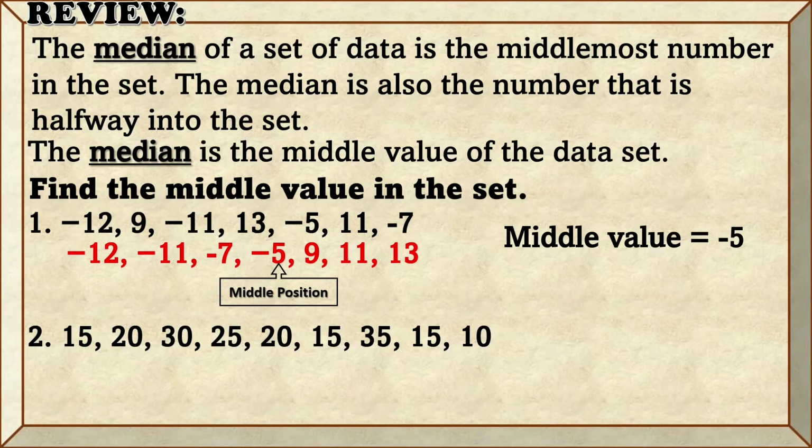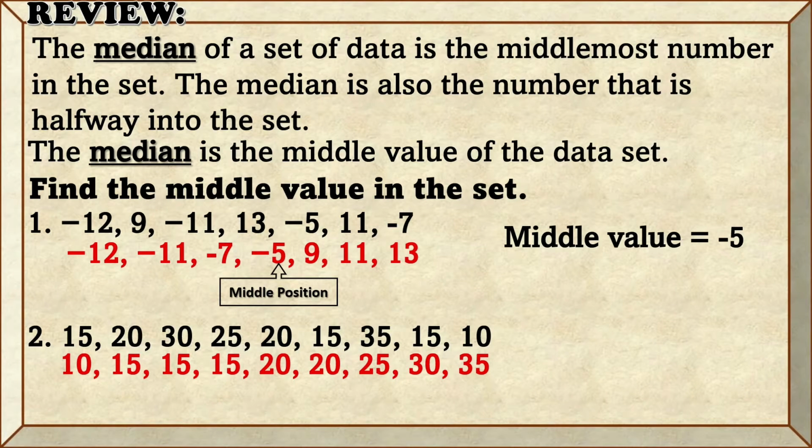For number 2, we have 15, 20, 30, 25, 15, 35, 15, and 10. First, arrange the data in ascending order. So, we have 10, then 15. Tatlong 15 yung nasa data natin, so isusulat natin yung tatlong 15. So, 15, 15. Then, we have also dalawang 20.